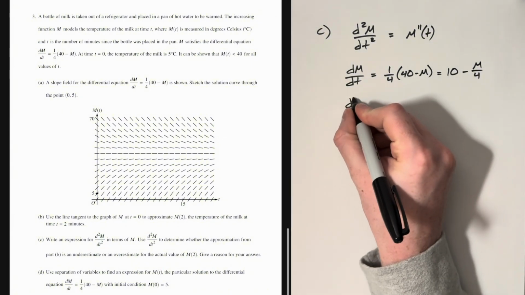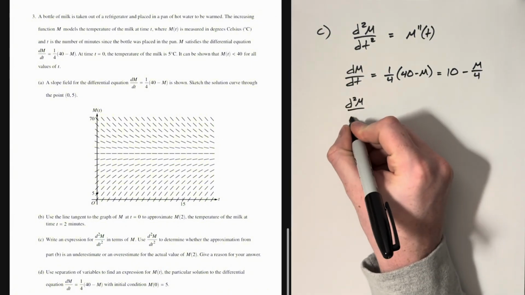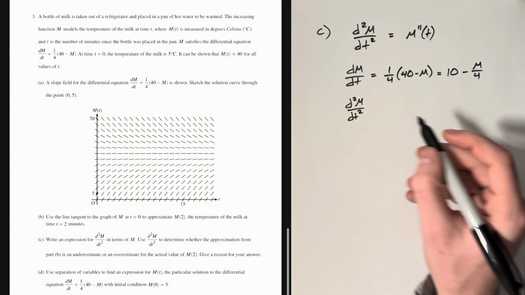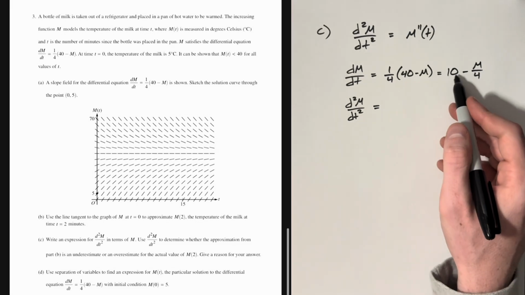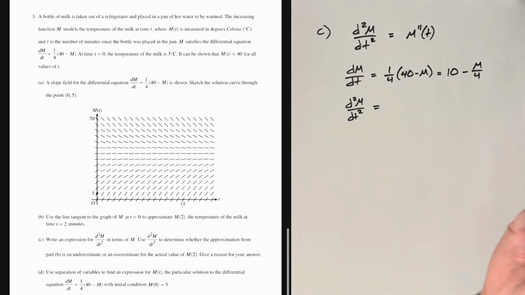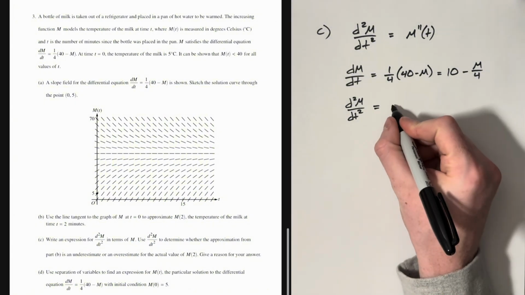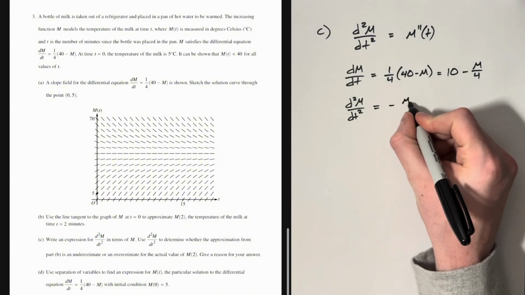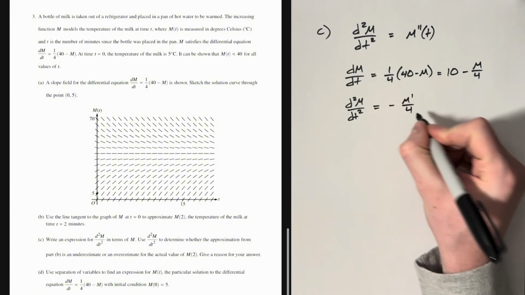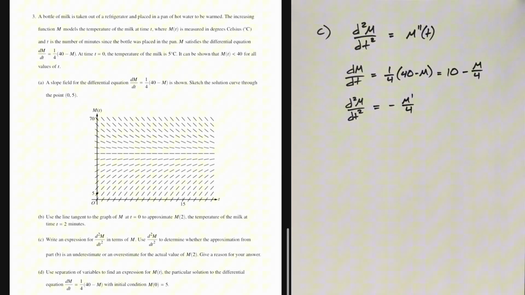My derivative of the left side would become the second derivative. On the right side, the derivative of 10 is just 0. The derivative of negative m/4 would be negative m prime over 4, or dm dt, right?